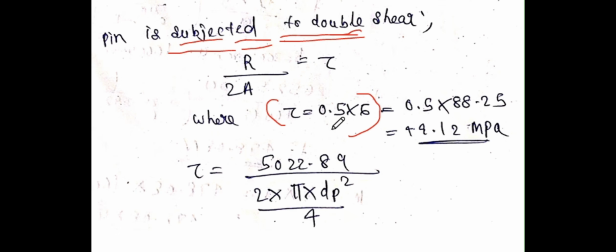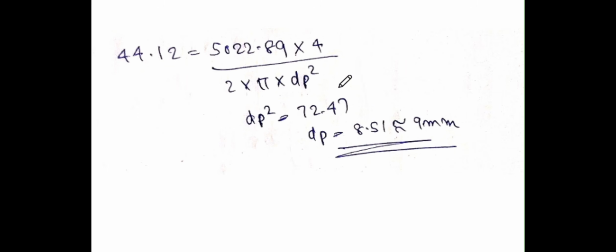So simple substitution, we know all the factors. We know the area, this is pi d square by 4. So substitute and you get the value of shear stress, and we find the value of dp, the diameter of the fulcrum pin. That's the only step we have to do. Just substitute and find the value of dp. So the diameter of the fulcrum pin will be 9 mm.